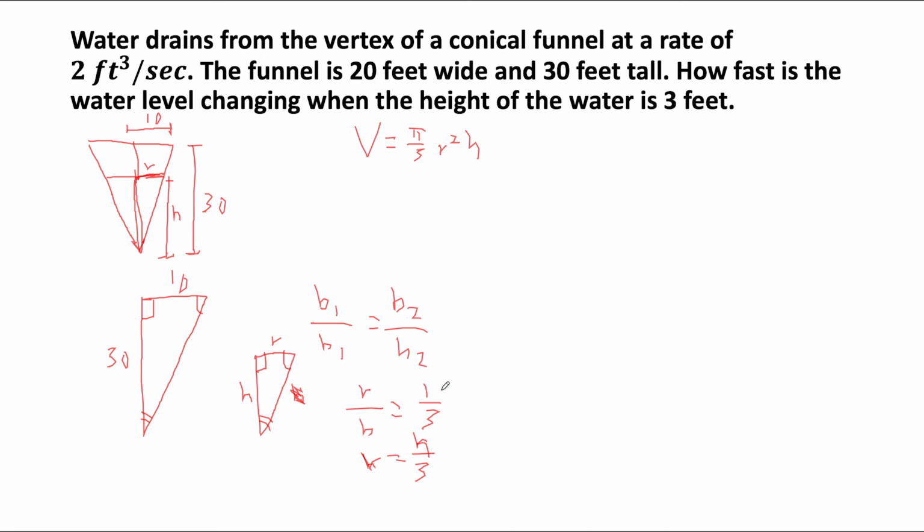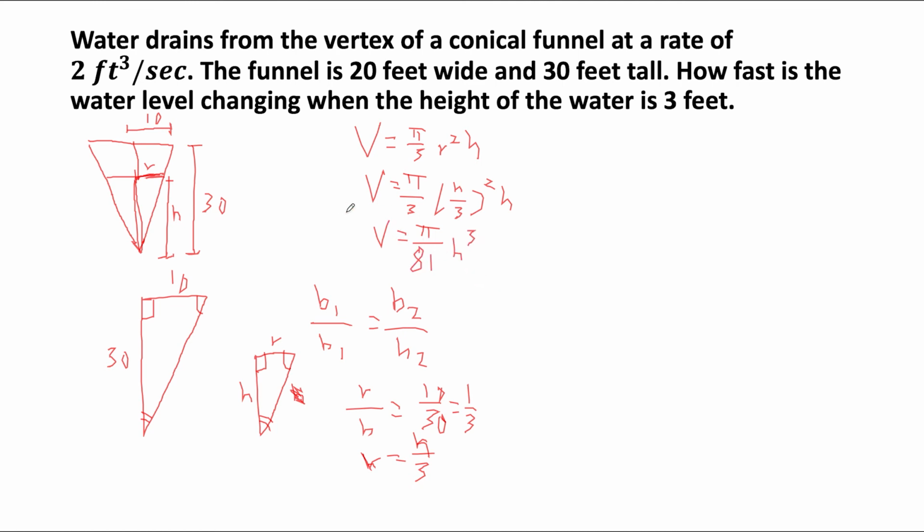And now we can plug this into our volume equation here. So we get V equals pi over 3 times (h over 3) squared times h, which is just h squared over 27. And if we combine that with what we already have, we get V equals pi over 81 h cubed.